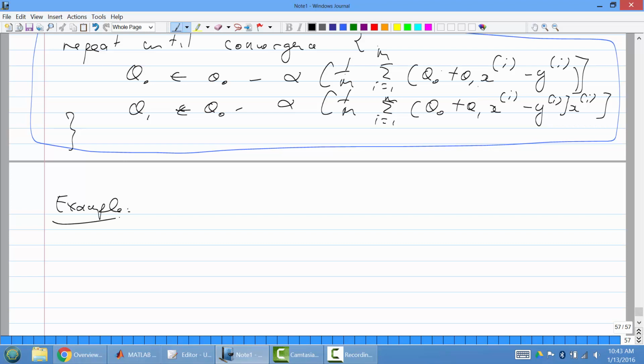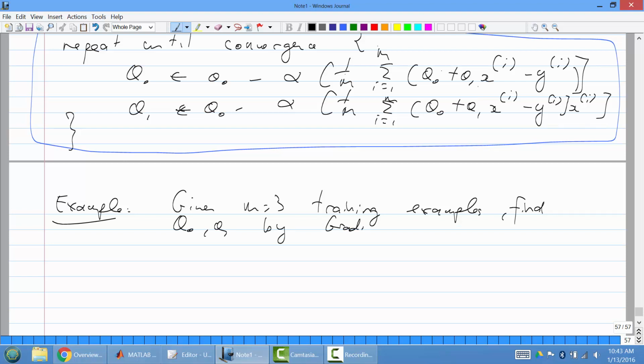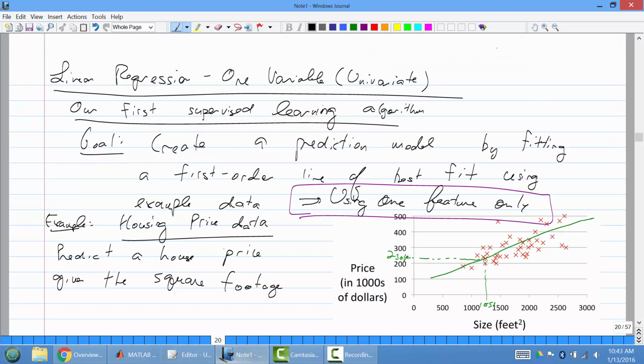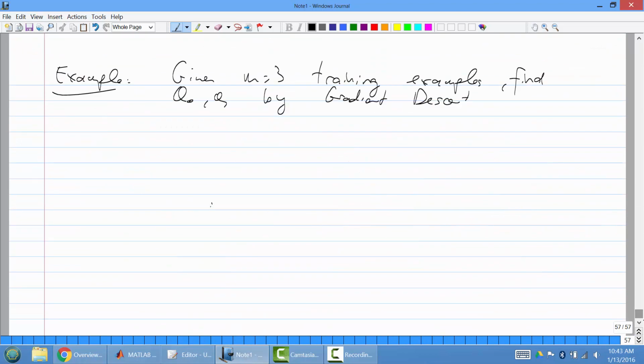Example. Okay, so let's say we're given m equals 3 training examples. Okay, find theta 0 and theta 1 by gradient descent. We're going to assume that the initial values are all 0.